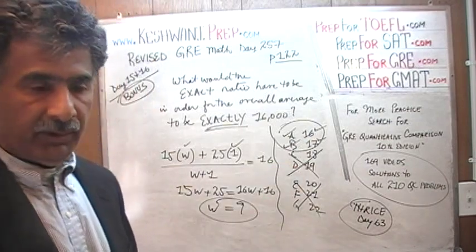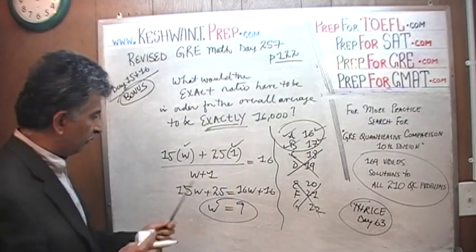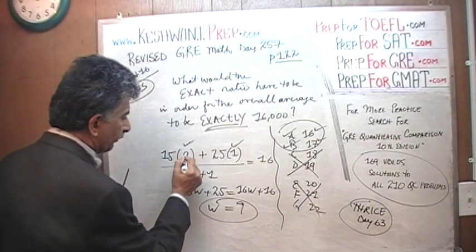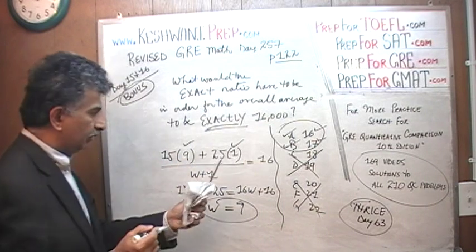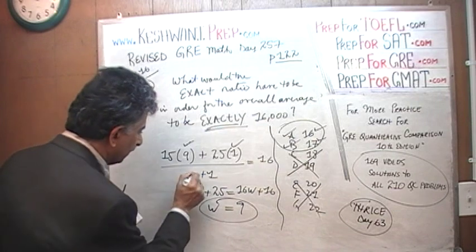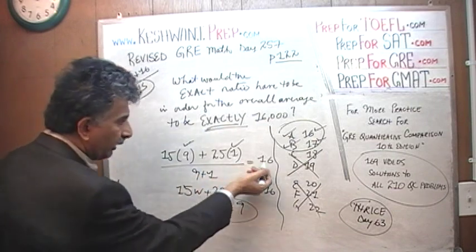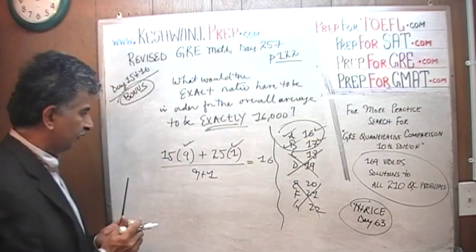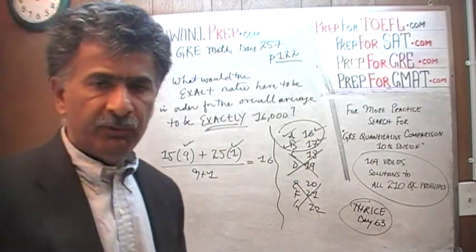Let's verify it, shall we? We're going to quickly verify it. So we're claiming this W is 9. So put 9 in here. For every 9 people that we have in department X, we need to have 1 person in department Y, which means we have a total of 10 people. And that amount has to be 16,000. Let's see if it is. 15 times 9, how much is 15 times 9?